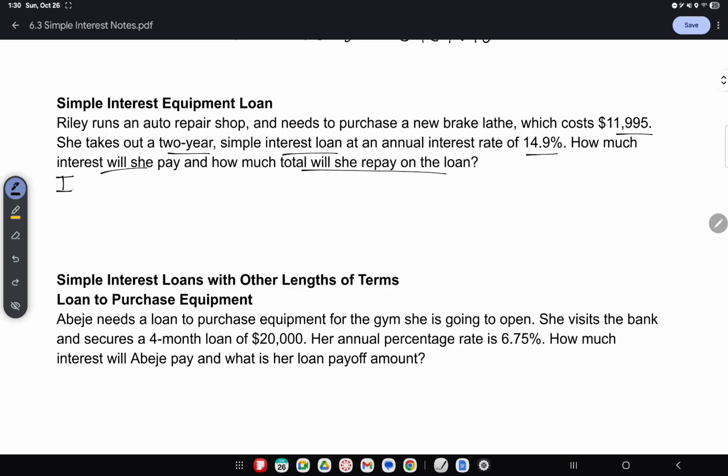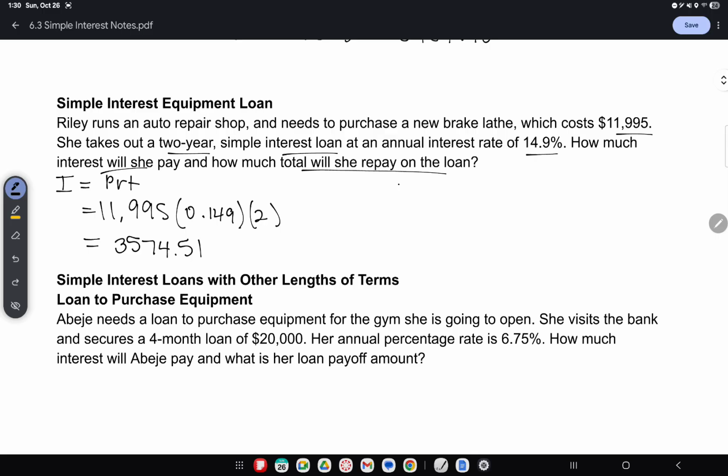So we need to find the interest. So that's that PRT. So the principal amount is that $11,995 times the rate, so 0.149, and the time is 2 years. And multiplying all three of these numbers is going to give $3,574.51.